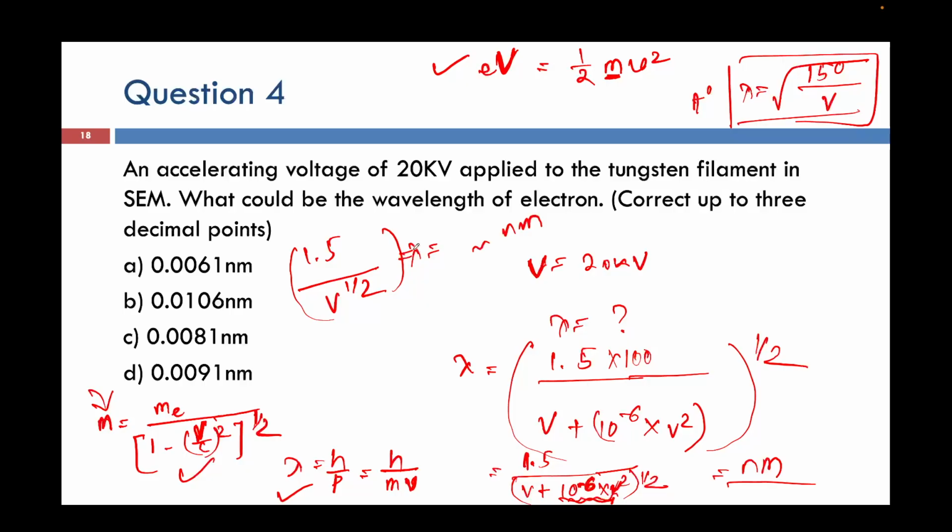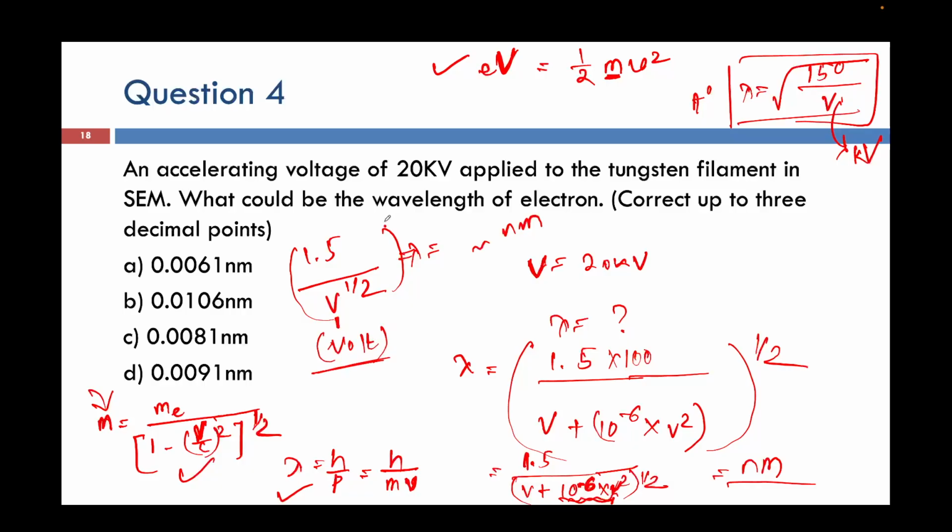So 1.5 divided by square root of v. Whichever v I am telling, in this case this v will be in kilovolt, here this v will be in volt. You have to consider that.